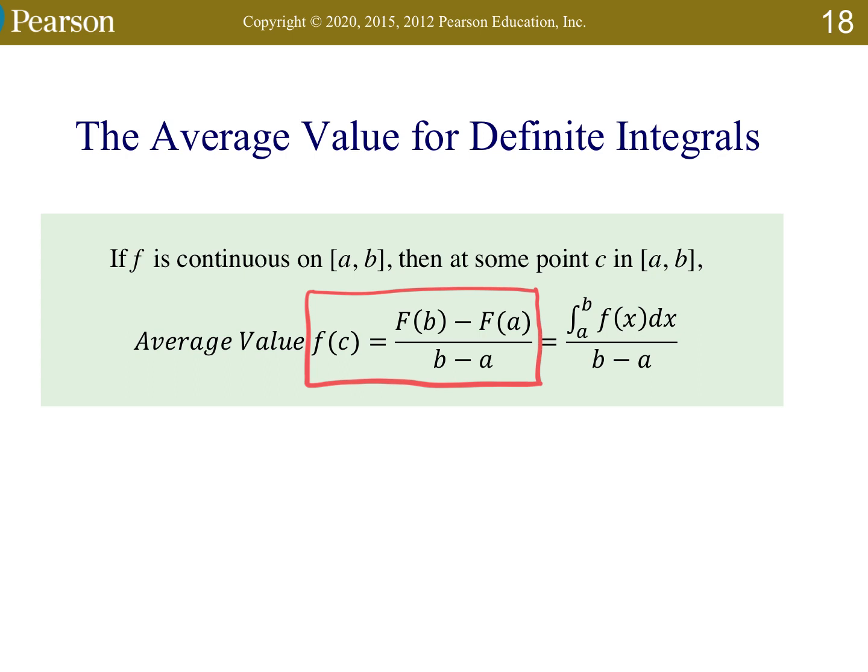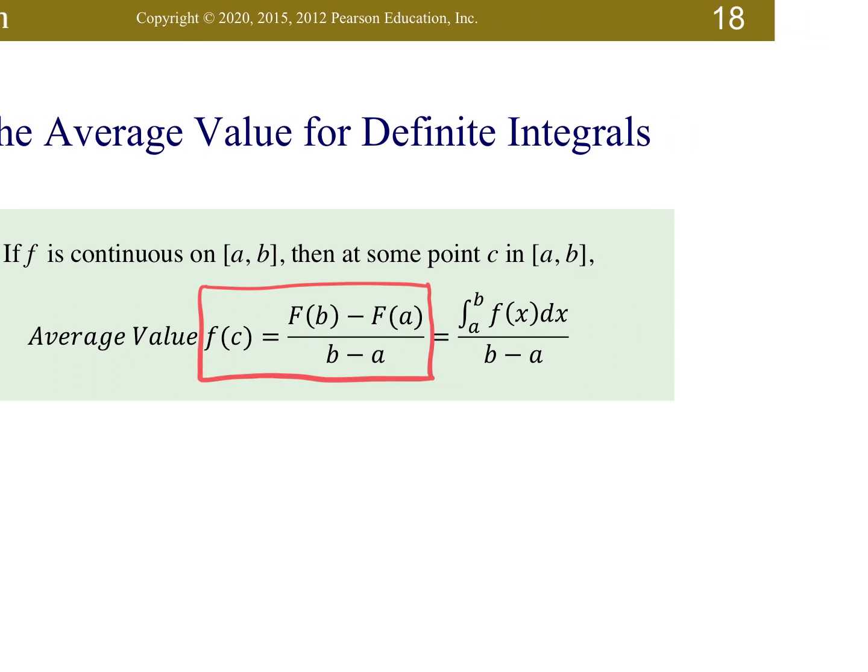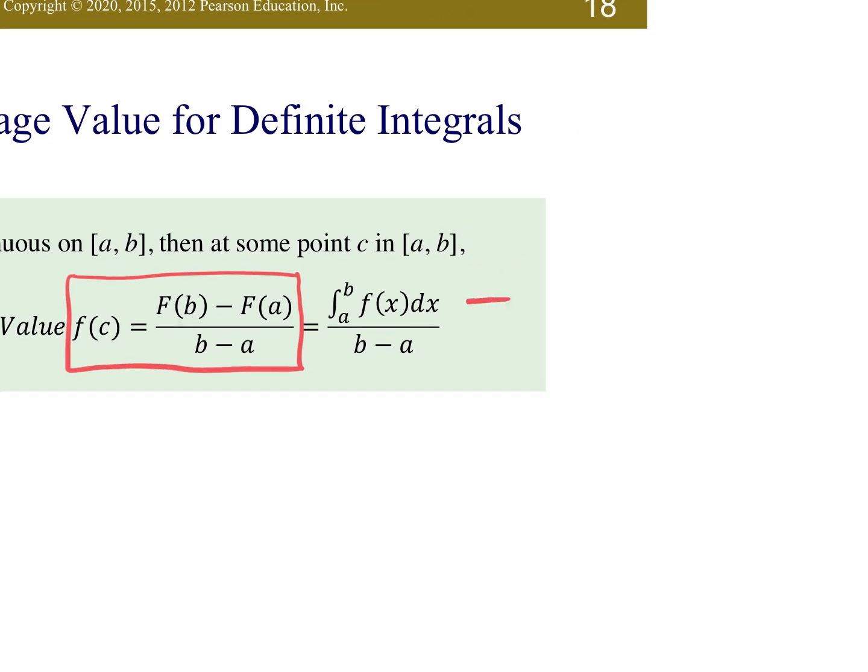The most common way you're going to remember this is using a memory trick. The memory trick that I would recommend is that in your mind, you identify that as the integral and you identify that as the interval. We call it the integral over interval. The integral goes on the top. The interval, which is b minus a, goes on the bottom.